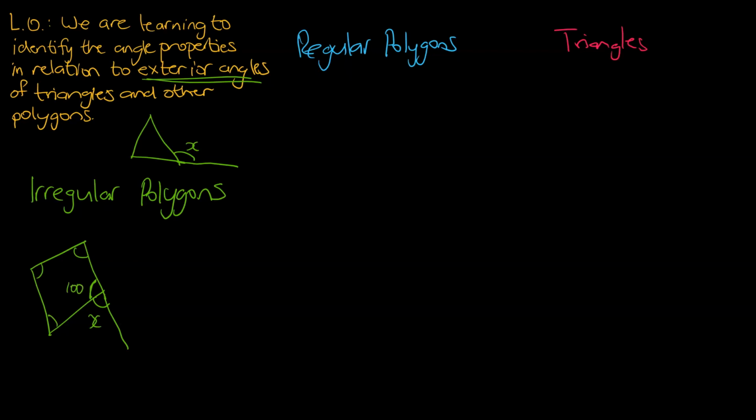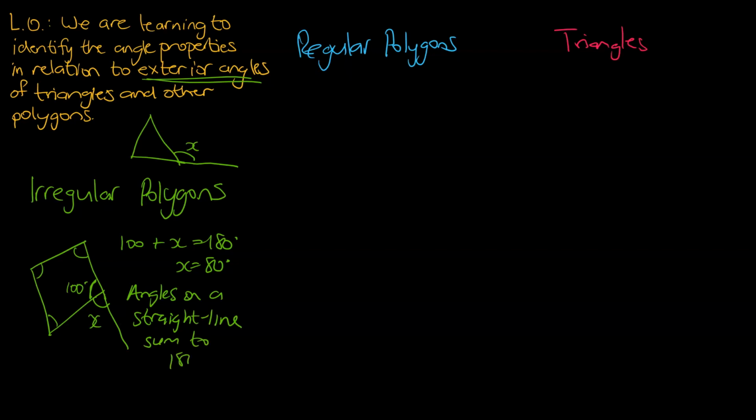And let's just say that it is 100 degrees. If that's 100 degrees, well, we know that 100 plus x, they sit on a straight line, which means 100 plus x must be equal to 180 degrees, which tells us that x must be equal to 80 degrees, and that's because angles on a straight line sum to 180 degrees.